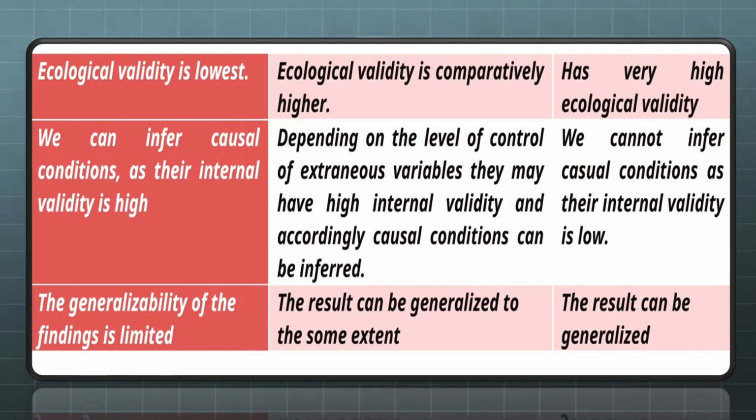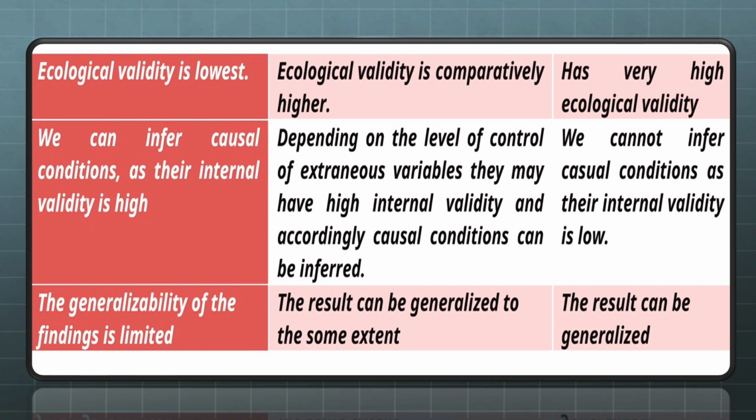The generalizability of the findings is limited, because you are doing the study in controlled conditions. You have the control, no natural behavior, no natural setting. So, generalizability of the result is limited, is low.